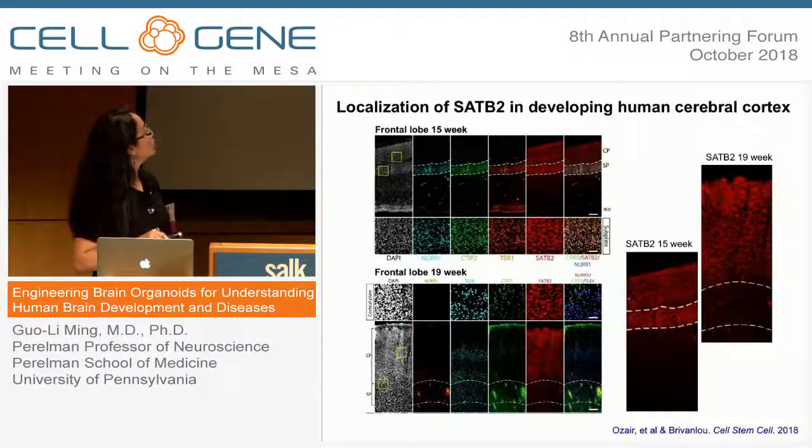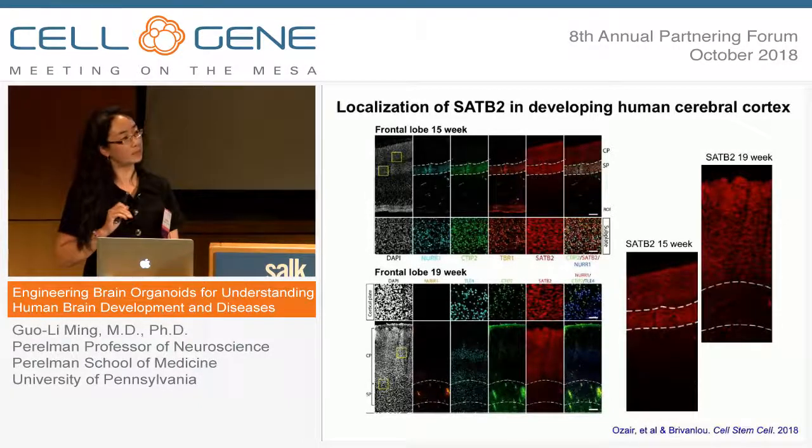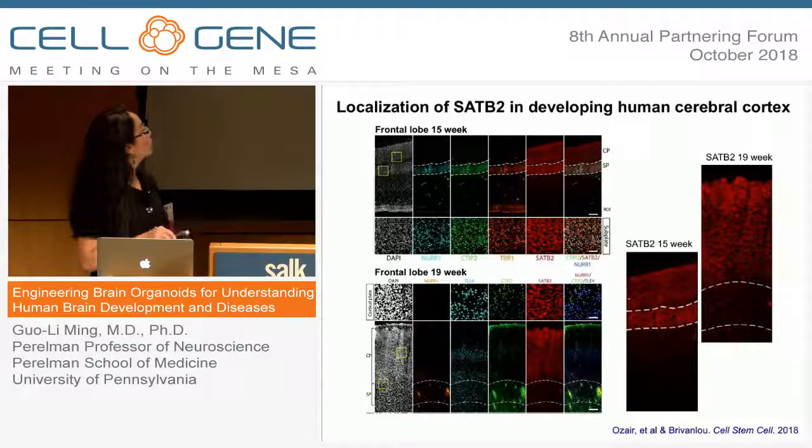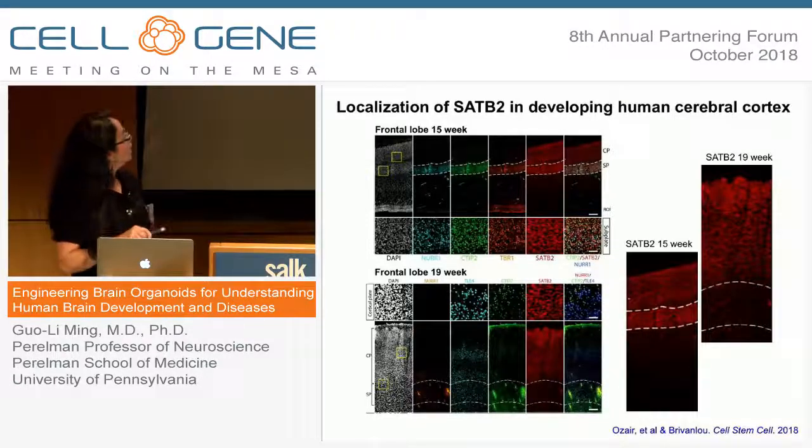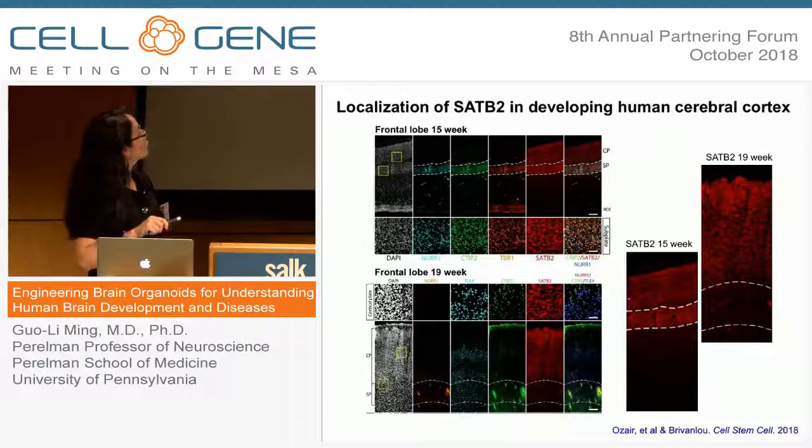Especially the late development neurons, for example SETB2, which labels the layer 2 and 3 cortical layers, are diffusely expressed by all neurons at early time points. This is 15 weeks of frontal lobe in human tissue, and you can see a diffuse expression of SETB2 in all cortical neurons.